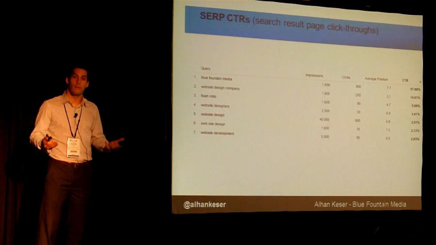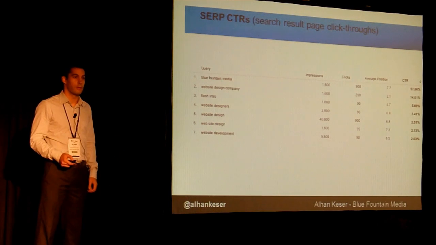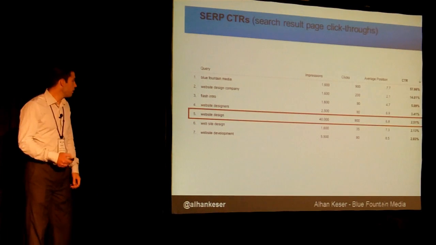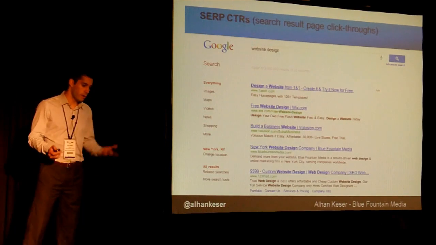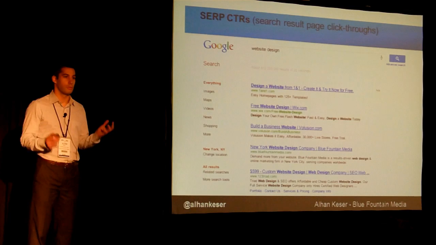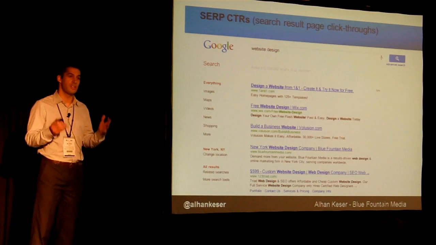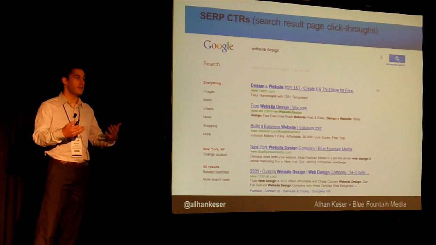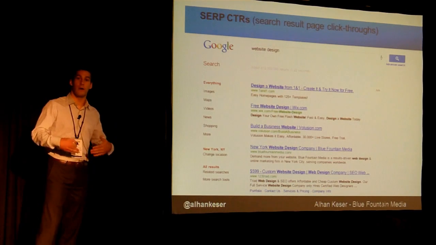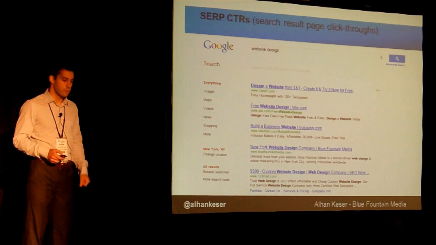How can I get more juice out of that keyword? So you just do a Google search. Look it up. Look at the search result page and see why it might be that you're not getting as many clicks as you'd like, or what can you do to optimize your search results.